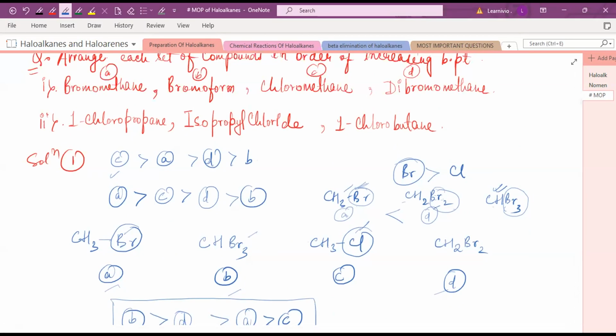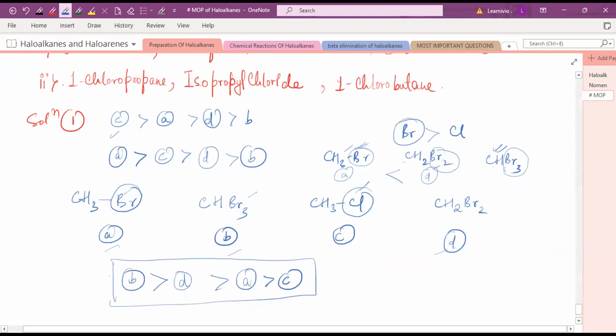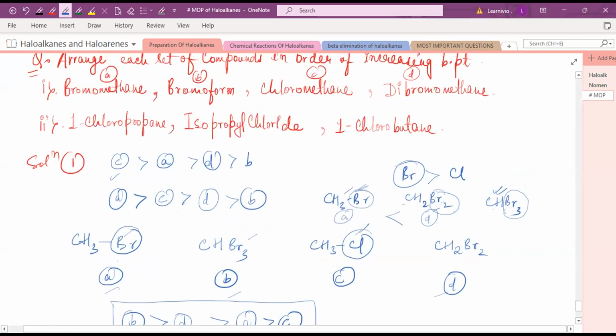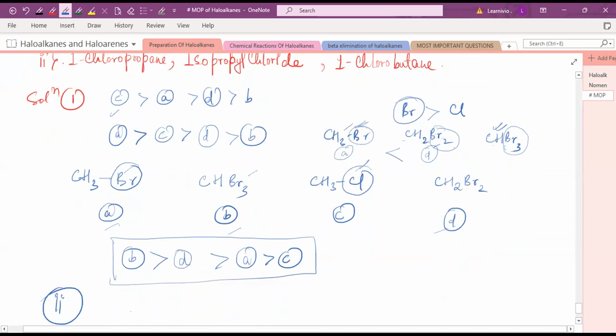Accordingly, first draw the structure. The first one is 1-chloropropane: 1, 2, 3, and on the first position is chlorine.